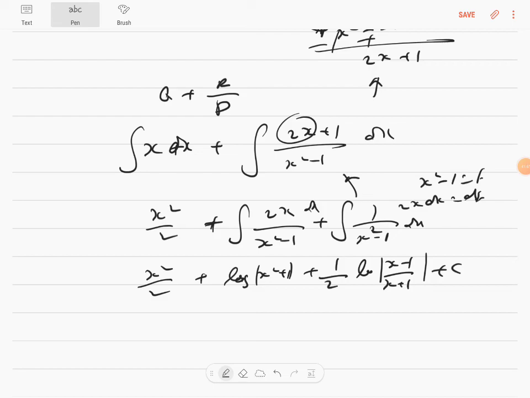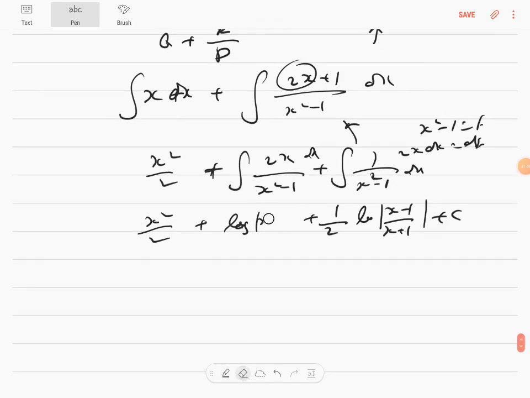This is t dt, which is log of x square minus 1, sorry, log of x square minus 1. Oh yeah, we can continue because it's not x square plus 1, it's x square minus 1. So x square by 2 plus log of mod of x square minus 1 plus half of log of x minus 1. You can make this into multiplication, right?